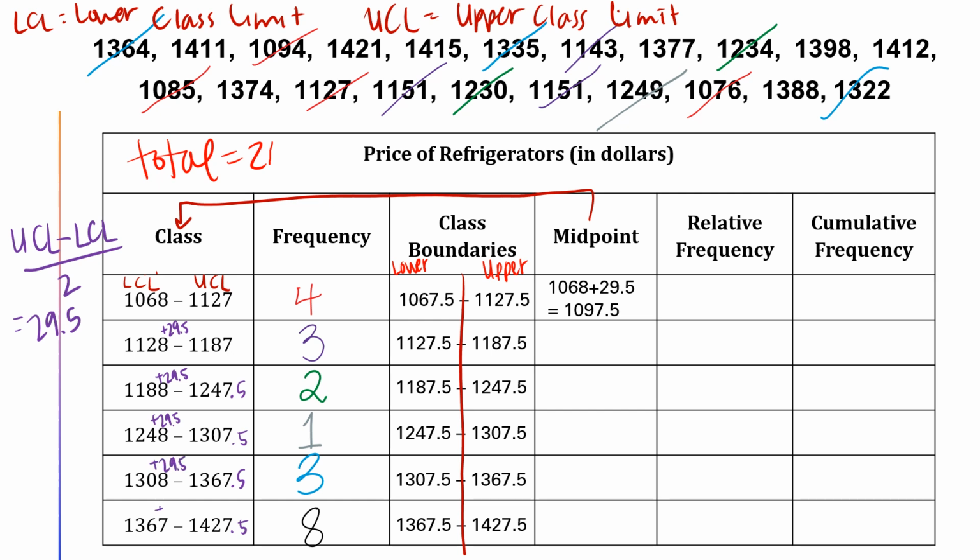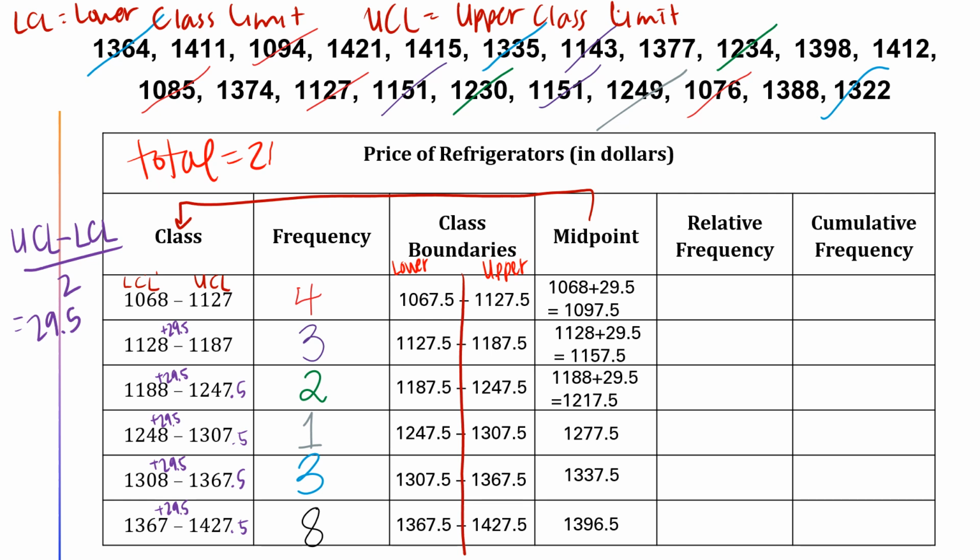Each class has its own midpoint. Each time I'm just taking that lower class limit, adding 29.5. You might have to pause the video in here to make sure that you're able to keep up and get everything written down. Again, just adding 29.5 each time.